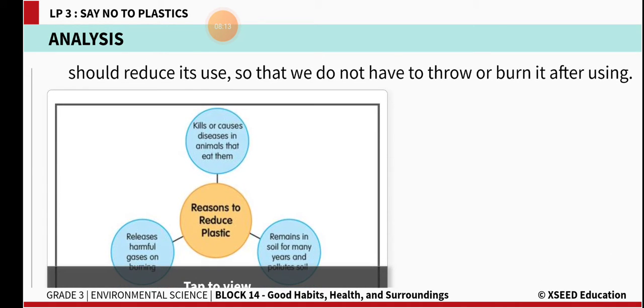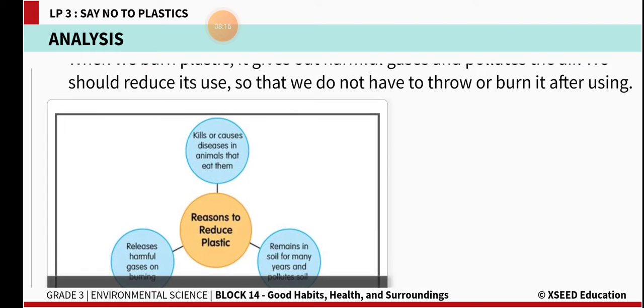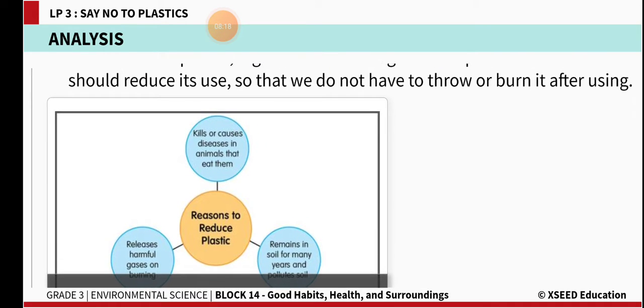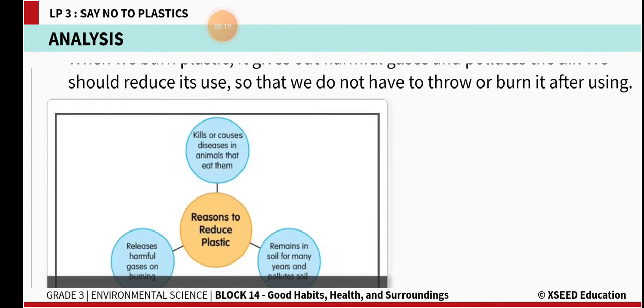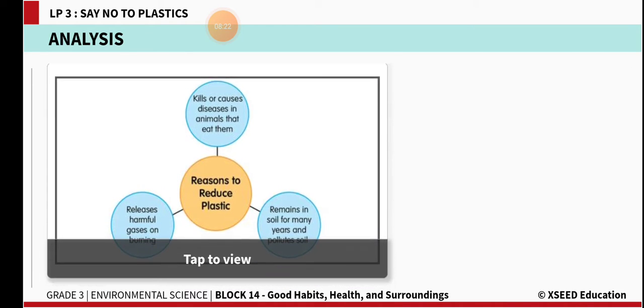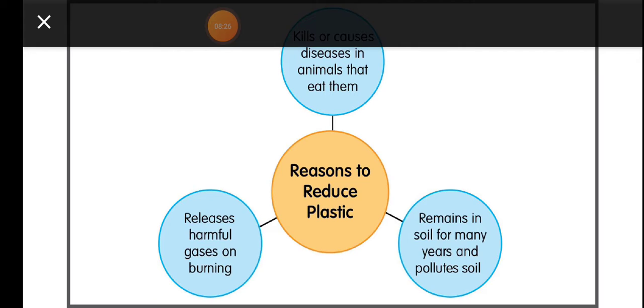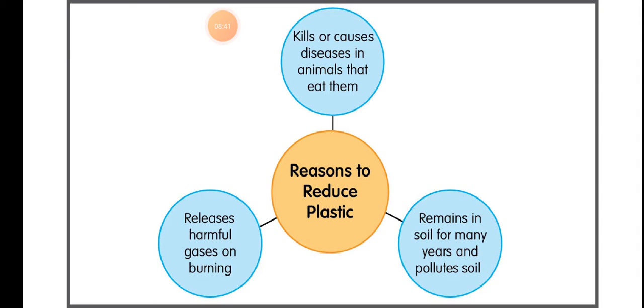We should reduce its use so that we do not have to throw or burn it later. So you can see the harmful effects of plastics. It kills and spreads diseases in animals that eat it, remains in the soil for many years and pollutes the soil, and releases harmful gases on burning.